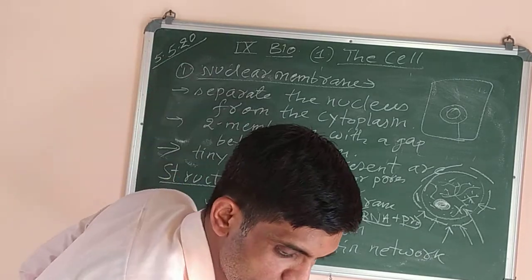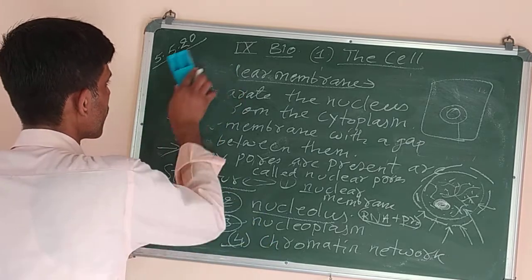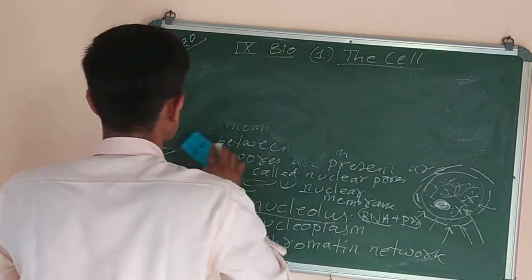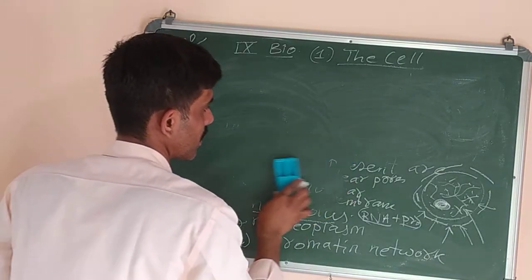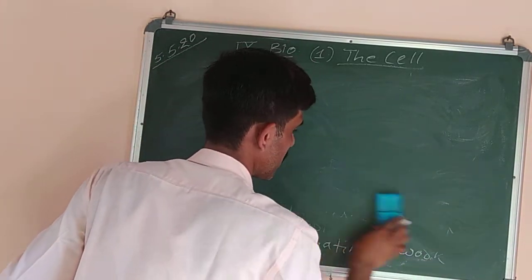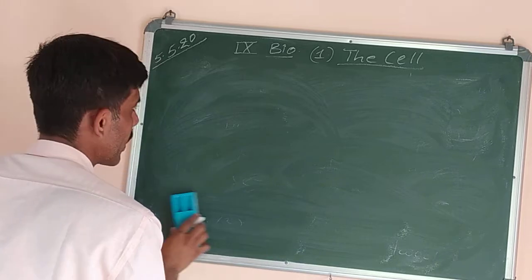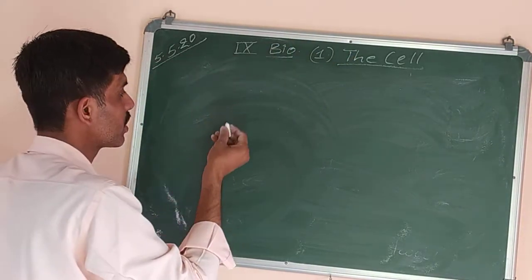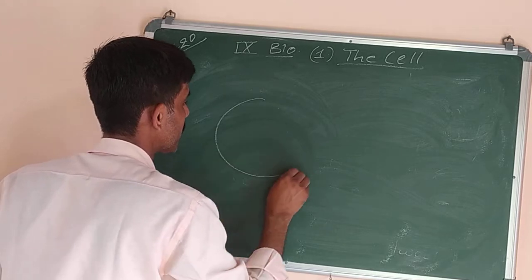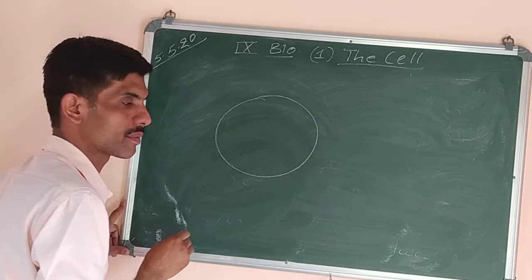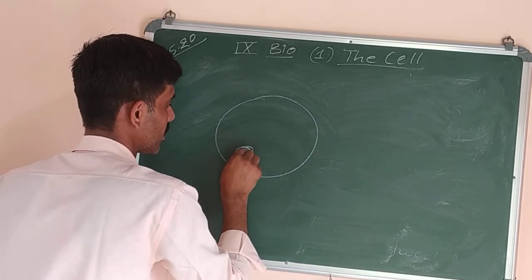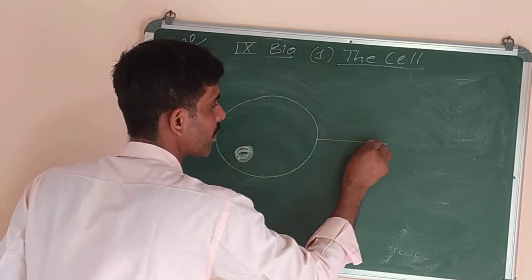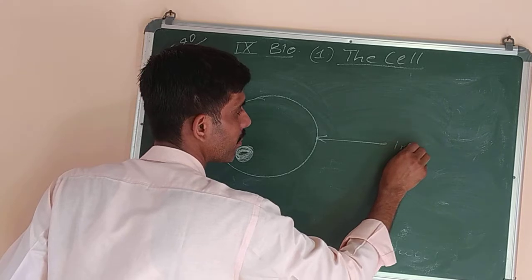What is chromatin network? But before that, I'll try to draw the structure of the nucleus once again. See, this one is the nucleus, nucleolus. This is the inner membrane.